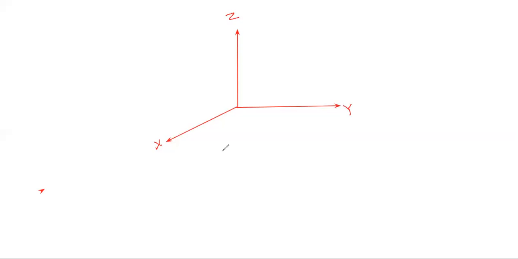We have two lines, and we have to find the angle between them. One line is here somewhere, another line is somewhere here. This is line L1 and this is line L2.